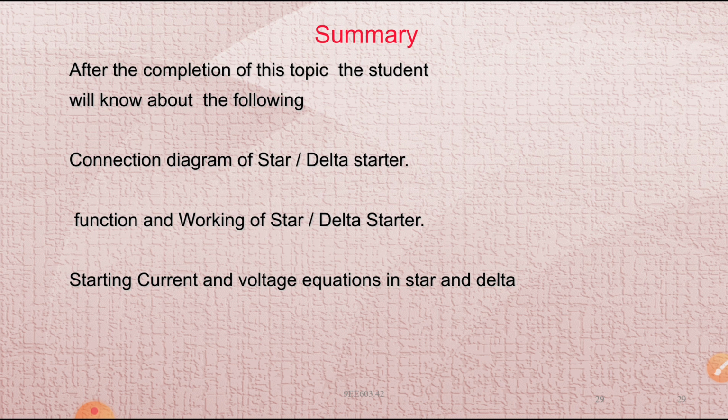These are the things we have covered in this class. Dear students, thank you for listening to this star delta starter. Similarly, you can practice other starters also, that is the rotor resistance starter.